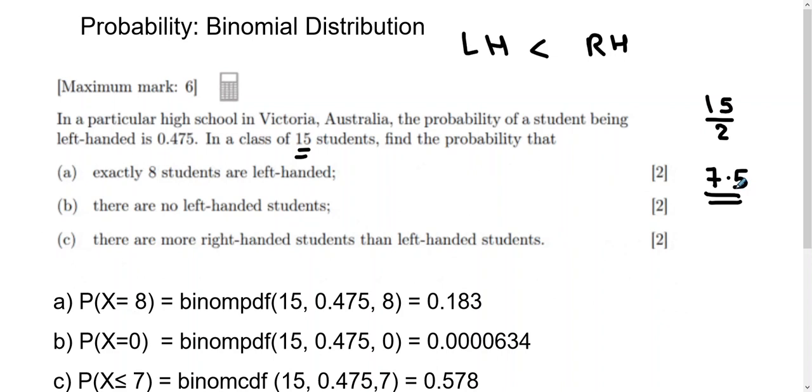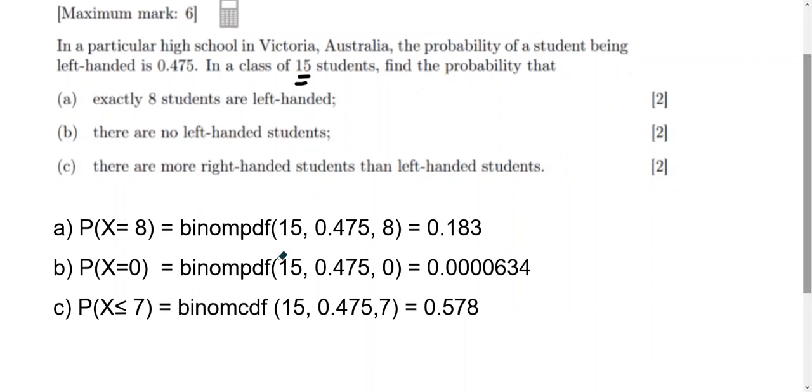All right, so if I were to have 7 and 8, 7 plus 8 would give me 15, right? So in this particular case, 7 would be the number of left-handed students because left-handed are less than the right-handed, which is what I did here.